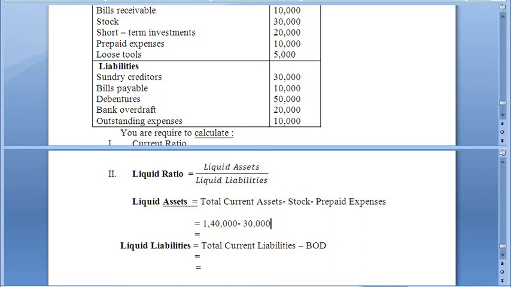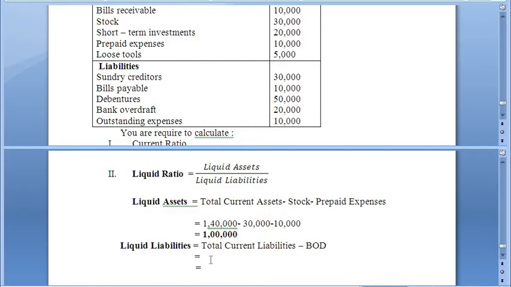Next, prepaid expenses. Now check whether prepaid expenses are there in the problem. Yes. How much? 10,000. So 1,40,000 minus 30,000 minus 10,000 is equal to 1 lakh. So liquid assets: 1 lakh rupees.